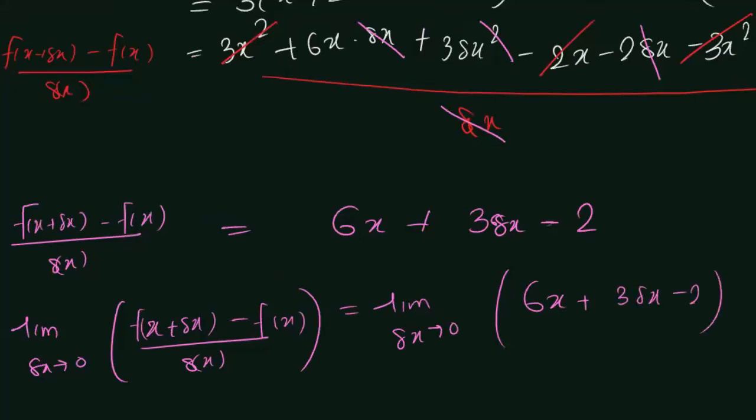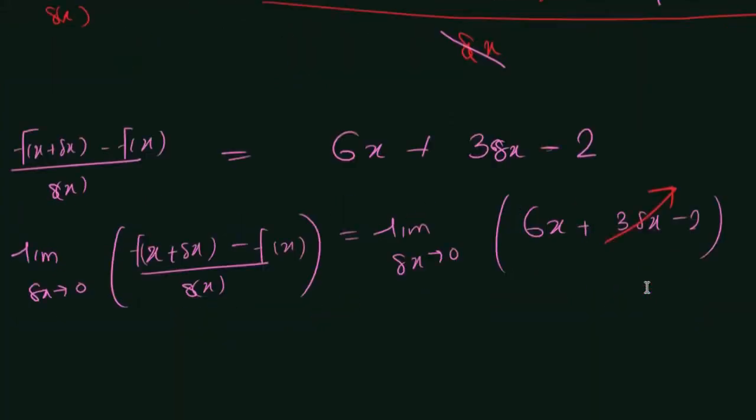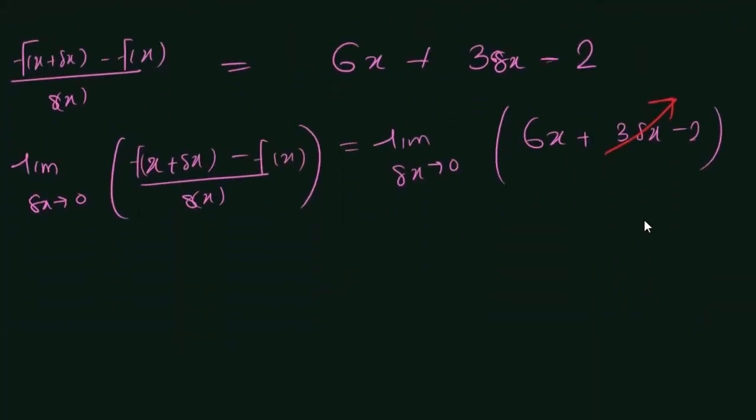So if you see this, who goes to 0? This term goes to 0 because of the presence of Δx. So simply, what is on the left hand side is the first derivative, dy over dx. So the answer is 6x minus 2.